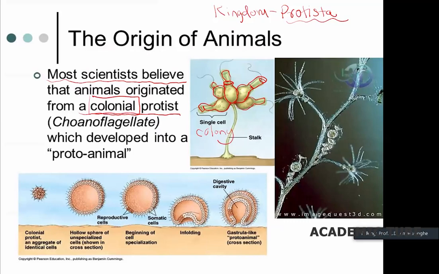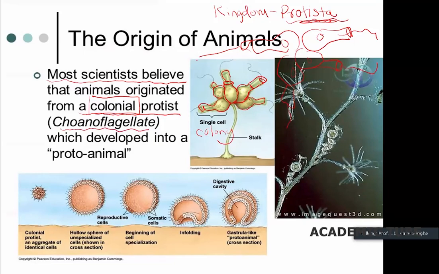Single protist here, this type of cell body with the flagellum and the nucleus. And you can see this type of organism with the flagellum forming a colony like this. The colonial protist is named choanoflagellate.